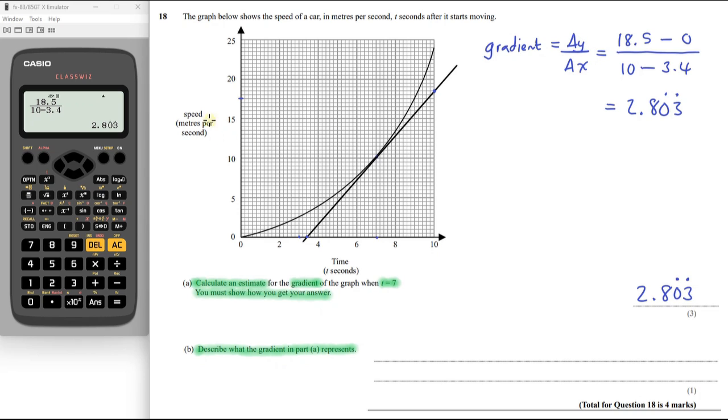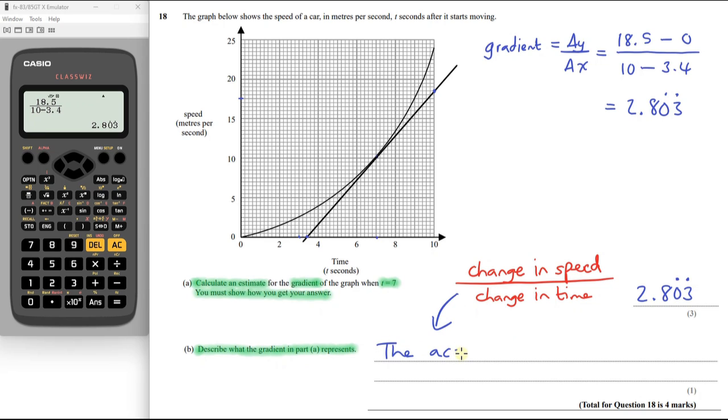The change in y, well, that was the speed, so the change in speed. So let's write that down. The change in speed. And then we divided that by the change in x. Well, that was the change in time. So we essentially did the change in speed over the change in time. And that is just the definition of the acceleration.